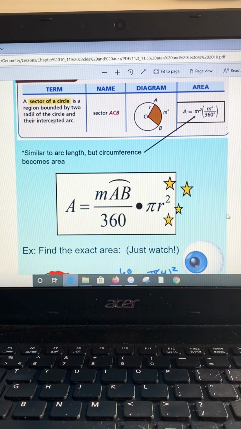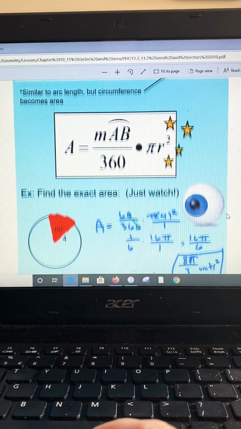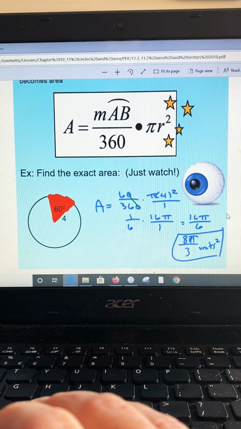So it's the arc over the total, just like before, exactly the same: the degrees over the total degrees, and then you multiply it now by the area formula. Before it was circumference, but now we're saying area. So you're always going to use pi r squared, and you can go ahead and put that over 1 if you want.